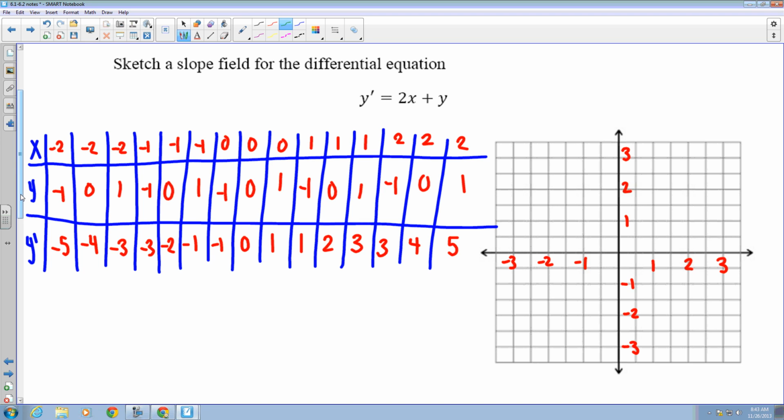Okay, so I'm going to go through and do the best I can to sketch the slope at each one of those points. And it's going to be really hard to tell the difference between these slopes because they are so similar. But do your best.